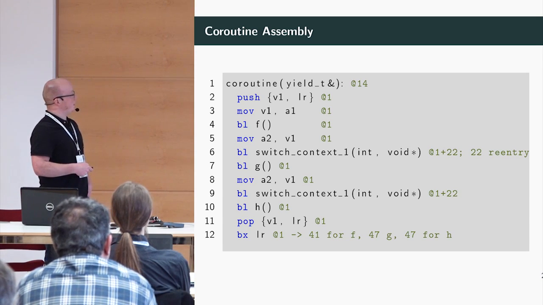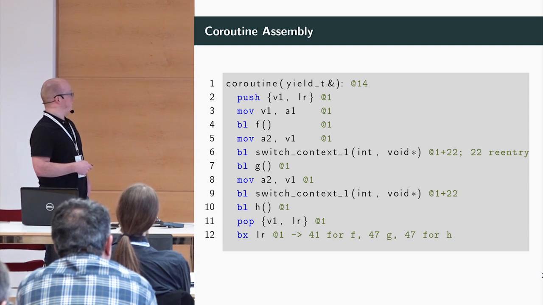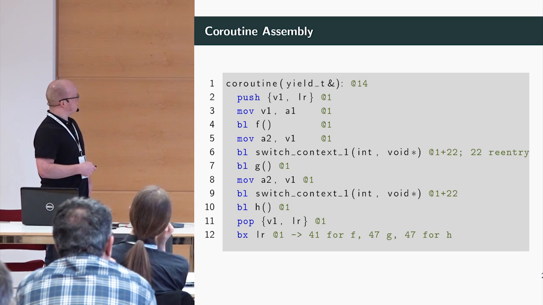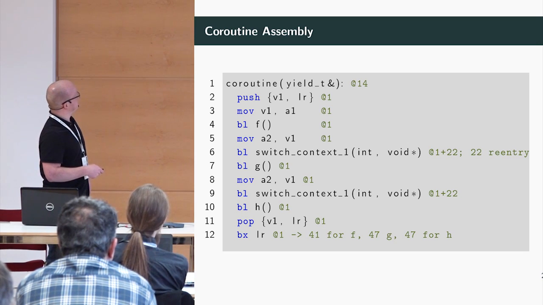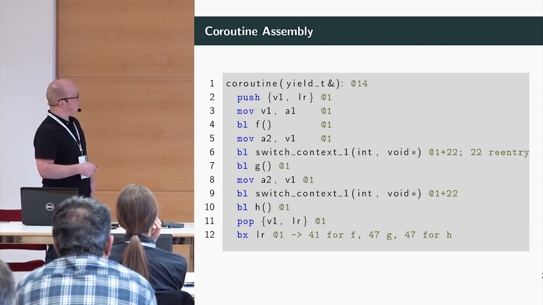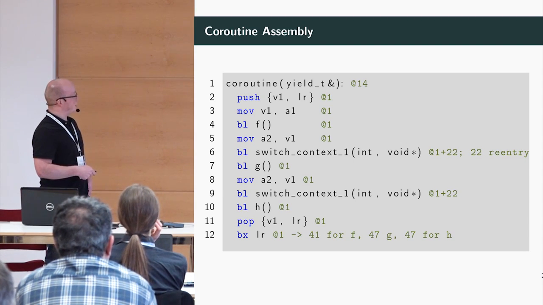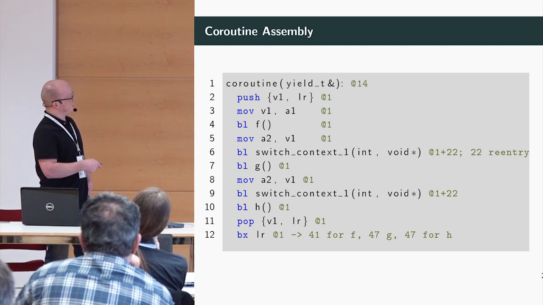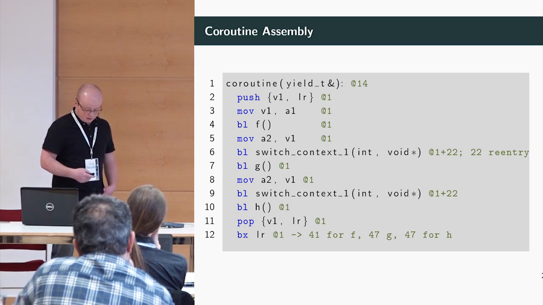And then if we re-enter, we have the 22 for the re-entry, 1 for calling g, and one for storing the stack pointer. That's what it does. It calls switch context again, and those are 47. So as soon as you have created the context, you have a consistent, always the same amount.